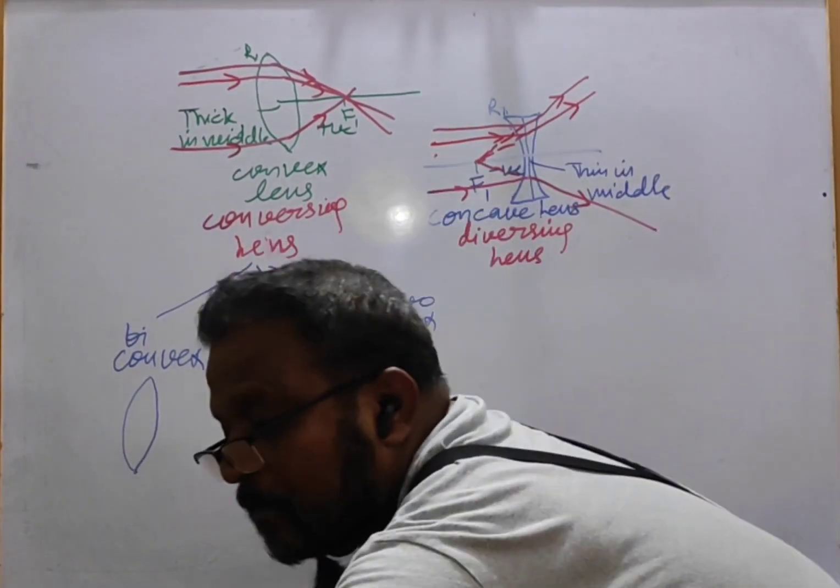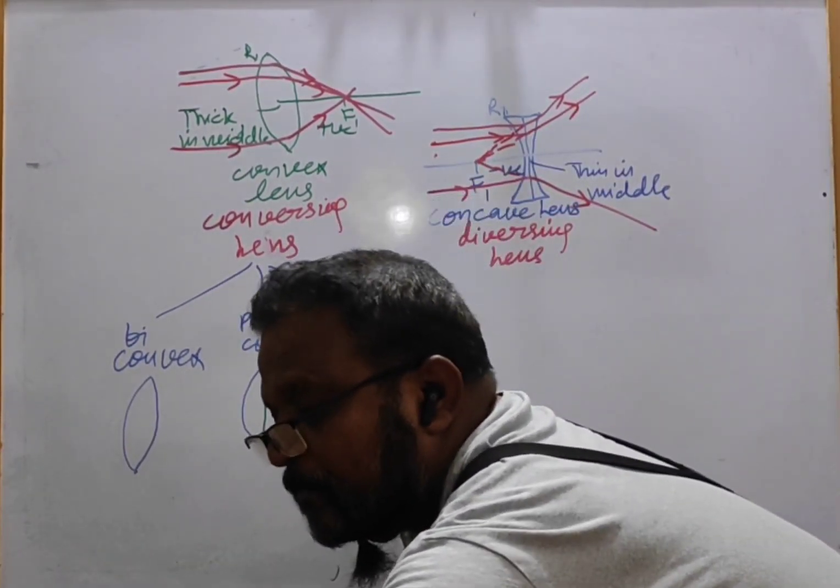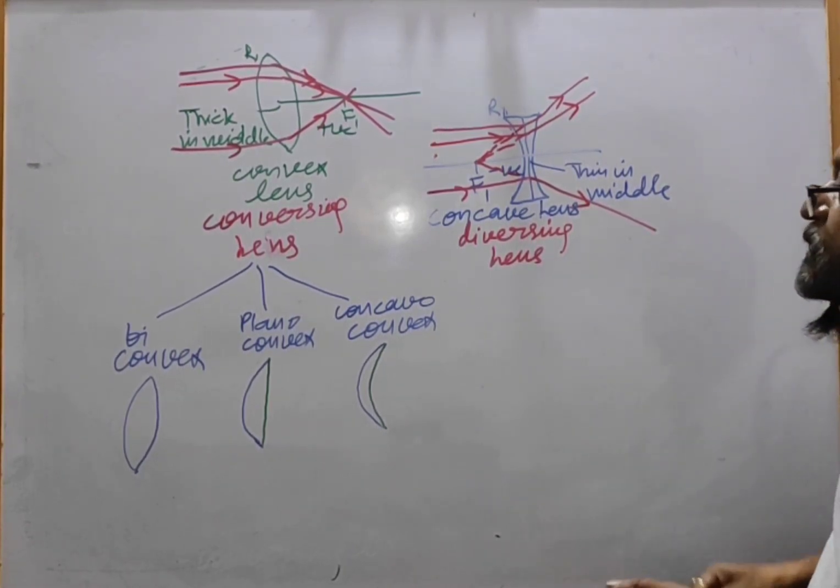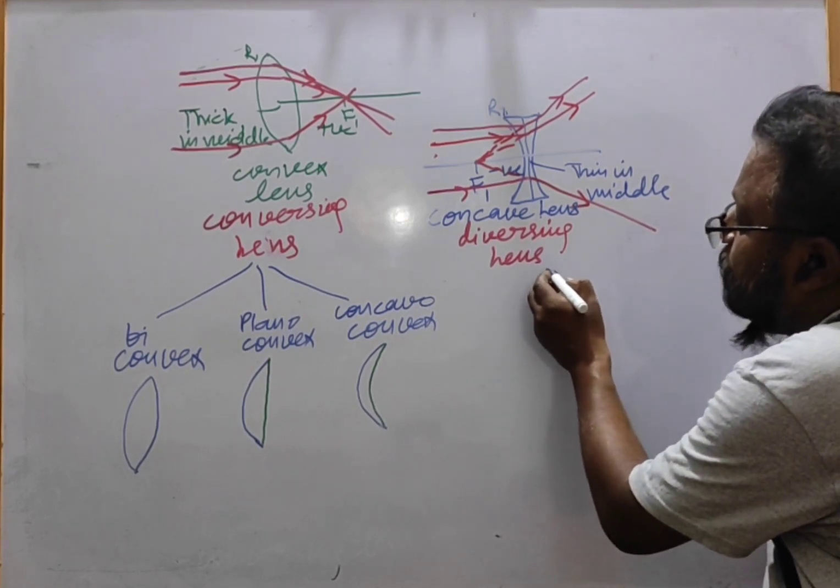Similarly we have three types of concave lenses. First is biconcave.